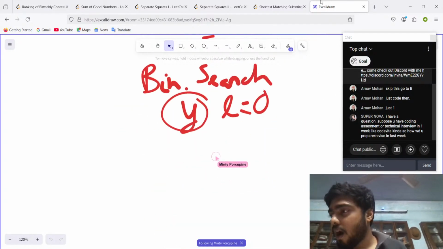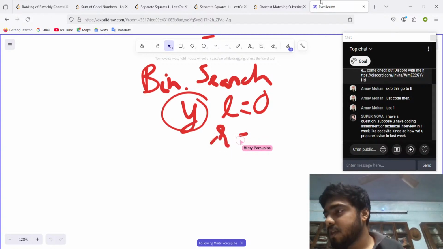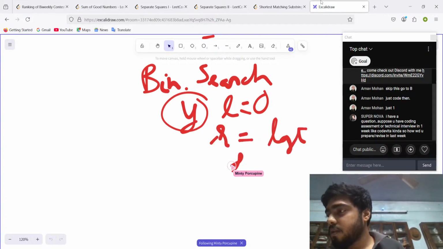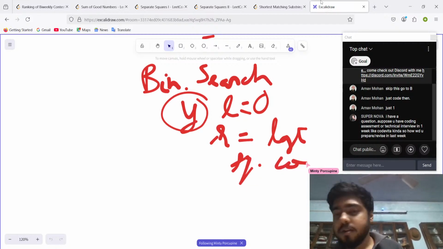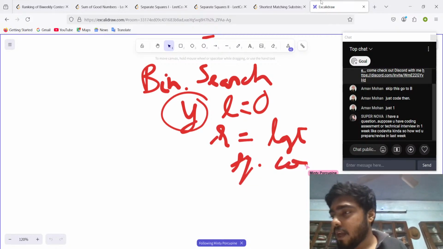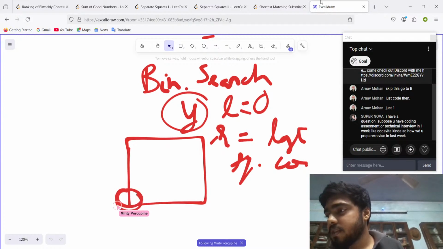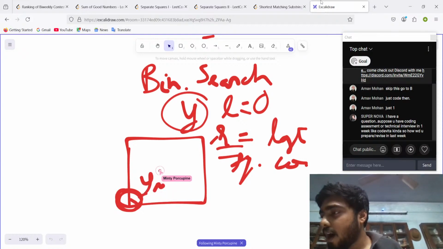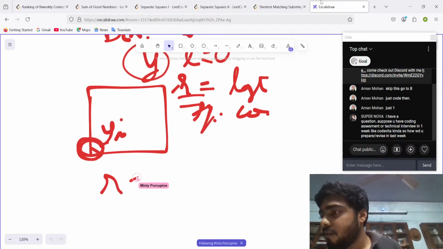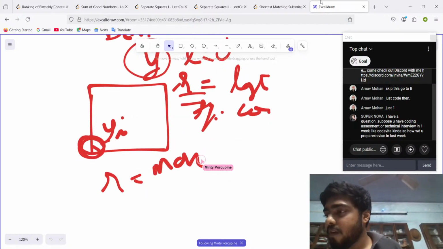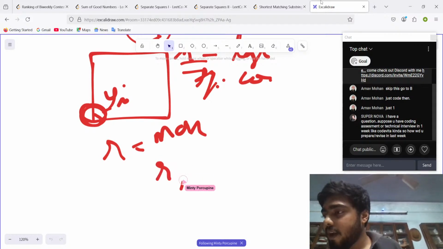So what is the r? R is basically the last square's coordinate. It's not exactly the coordinate, because whenever I'm talking about a square, the coordinate is basically this. So this r is going to be nothing but, let's say, y of i. So r is going to be the maximum value of y of i plus length.